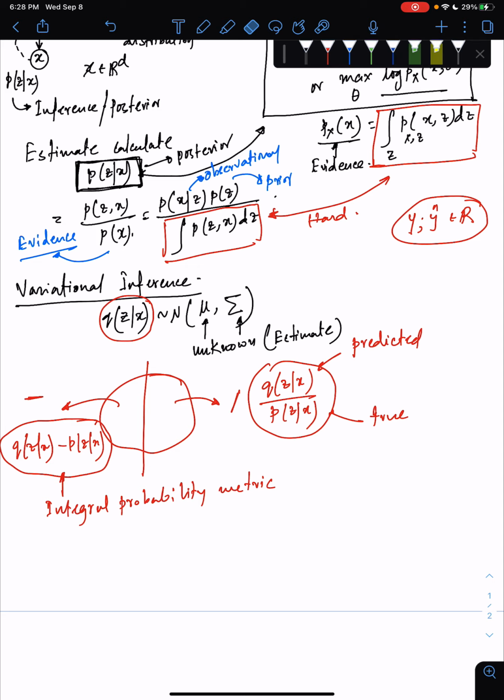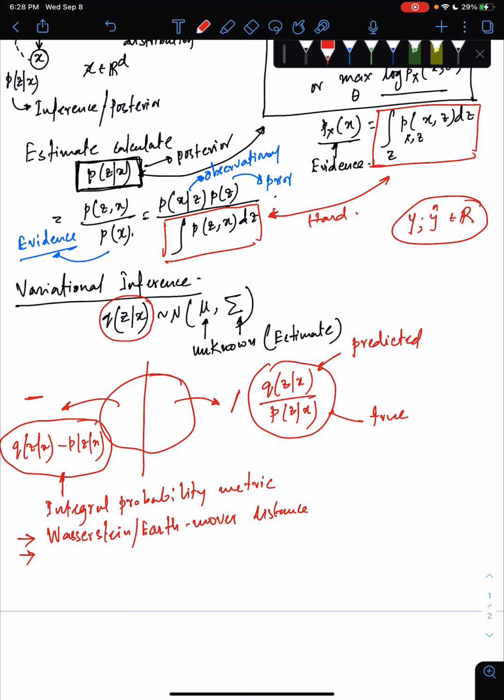There are two particular distance metrics which can be used. One is called Wasserstein, also sometimes called the earth mover distance.